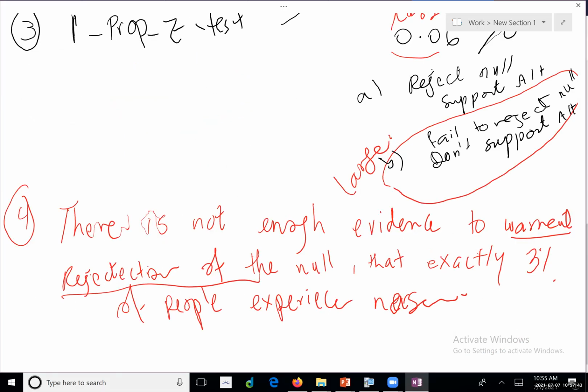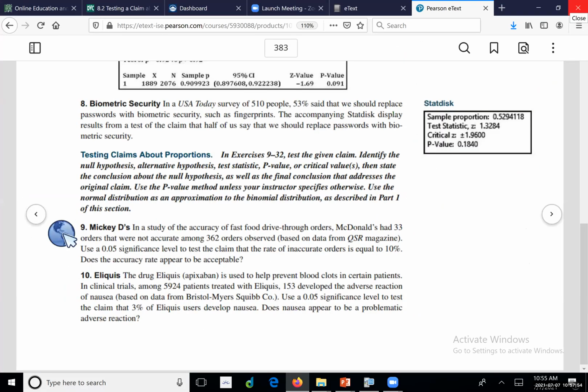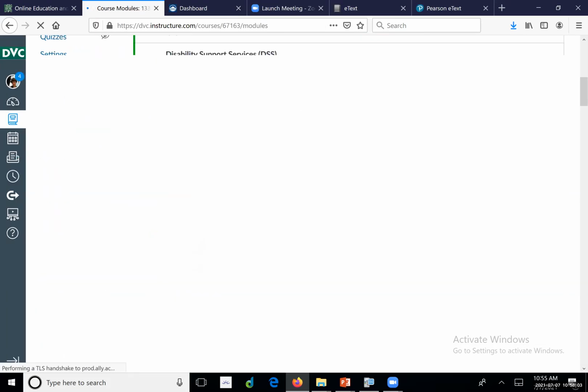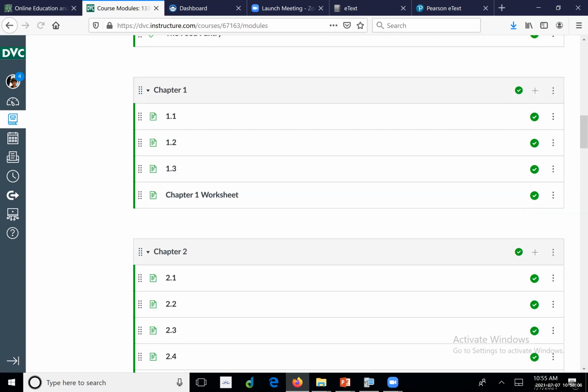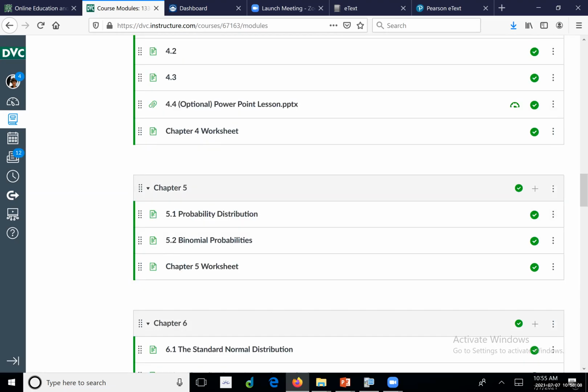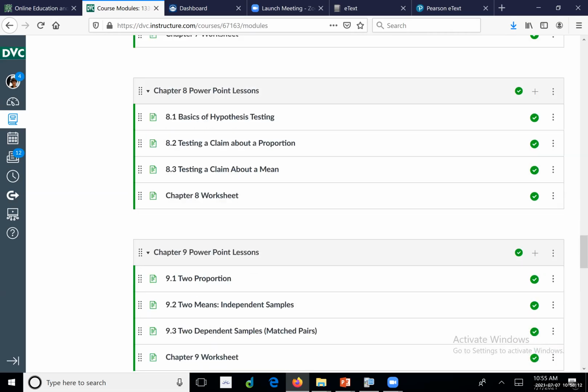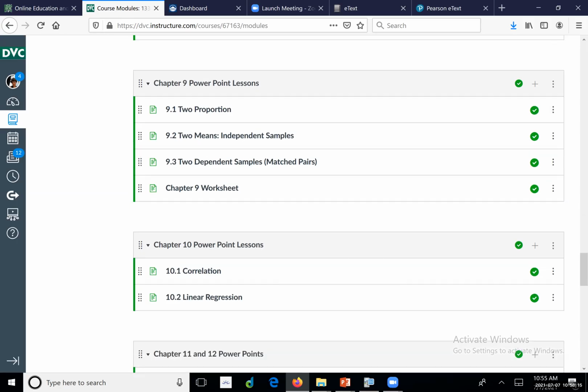Any question? So what we're gonna do for today? So tomorrow we're gonna go over 8.3. I wanted to spend a good amount of time in 8.1 and 8.2 so you get the idea of testing. Tomorrow we're gonna talk about testing about population mean, and then we're also gonna start chapter 9.